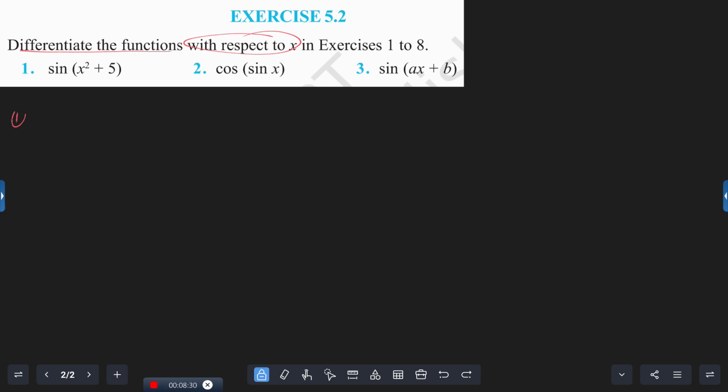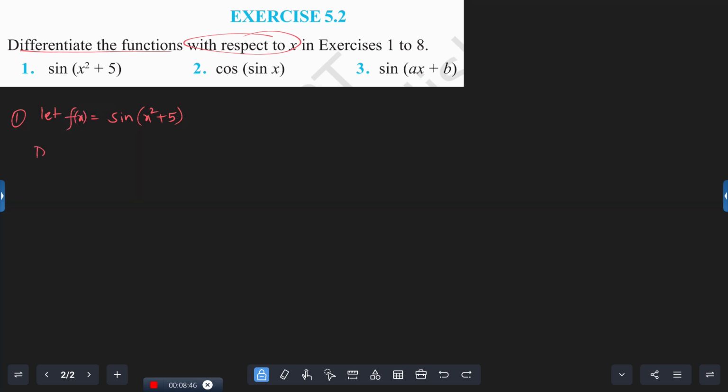Okay, question number 1. Let y be equal to sine of x square plus 5. We have to differentiate this with respect to x. Either y you take or f of x you take, that is our wish.